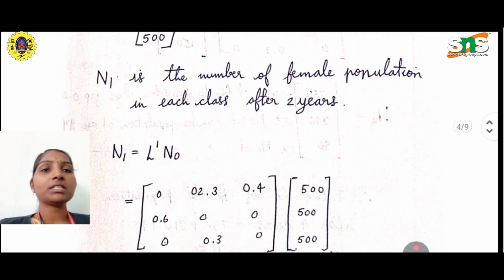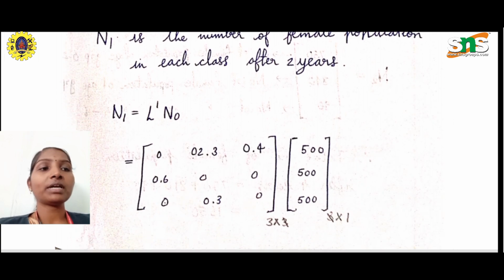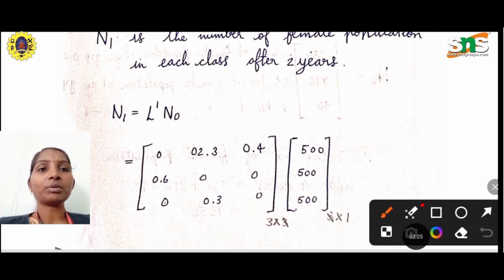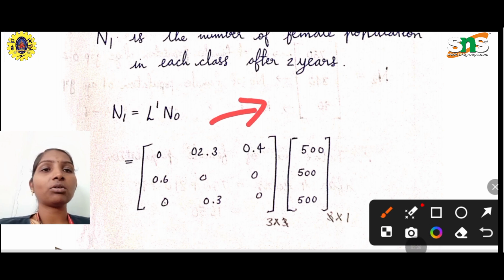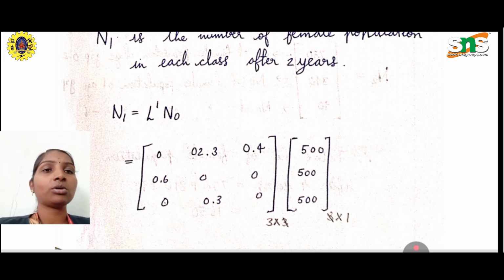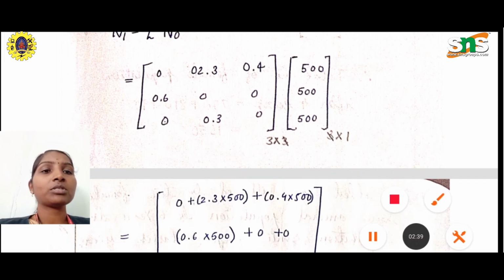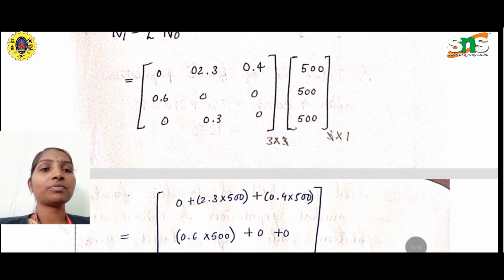Firstly, we will calculate N1. As per the formula, N1 is equal to L power 1 into N0. We substitute the L matrix and the N0 matrix here. How will you multiply a 3 cross 3 matrix and a 3 cross 1 matrix? You will use the row-by-column method. So the first row is 0 into 500 plus 2.3 into 500 plus 0.4 into 500.